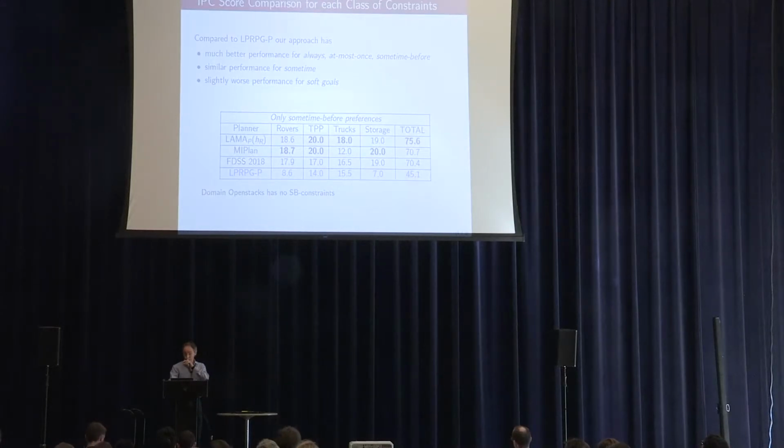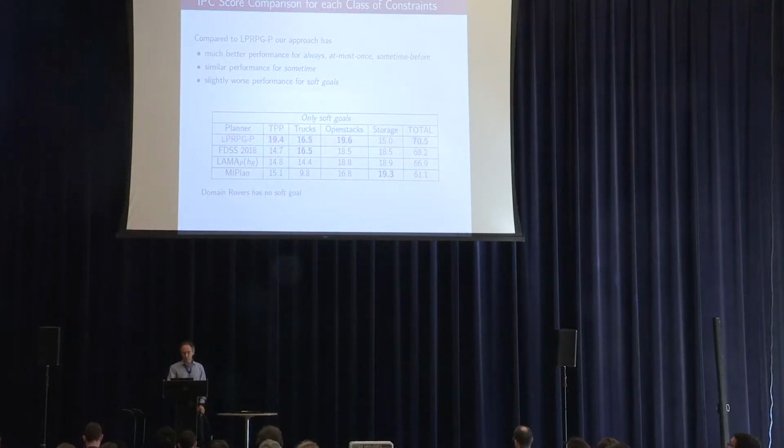We have also analyzed the performance for each type of constraints, and overall, compared to RPGP, our approach has a much better performance when we compile always, at-most-once and sometime-before preferences, similar performance for sometime preferences, and slightly worse performance for soft goals, where RPGP performs slightly better.